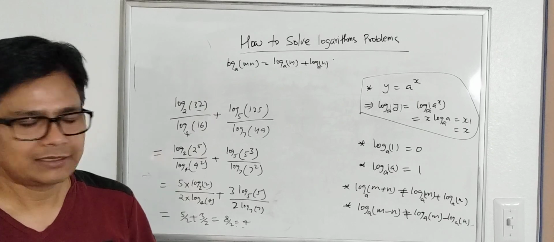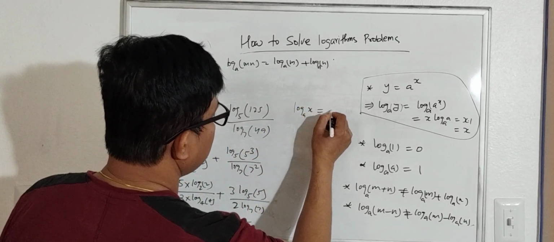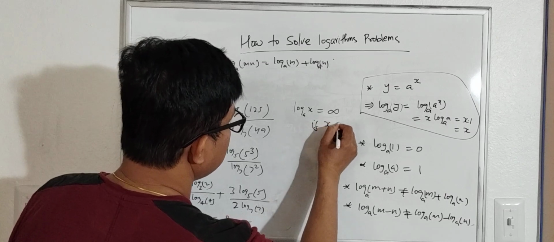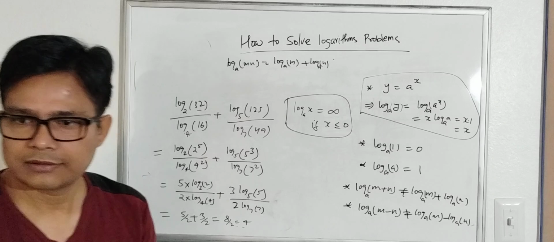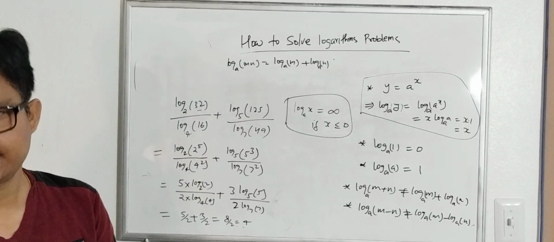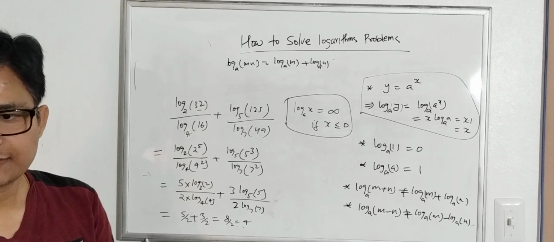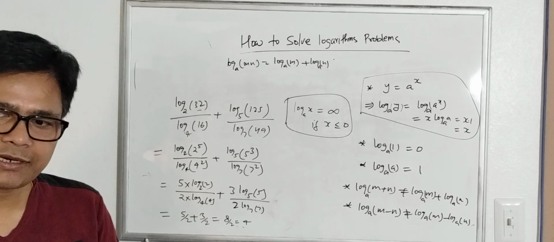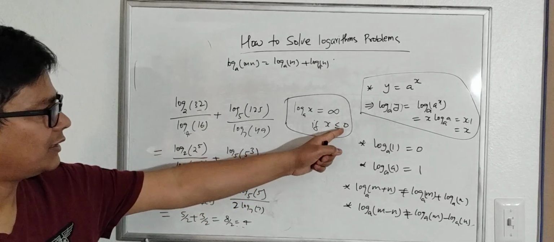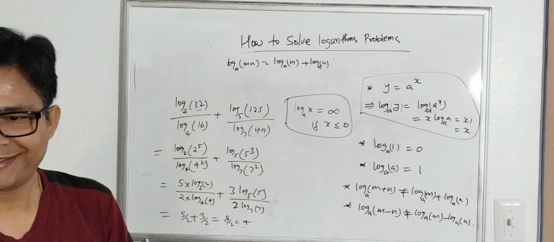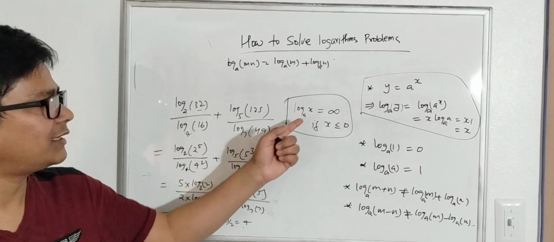So you can say log of x is undefined if x is less than or equal to 0. We call these non-positive numbers, which include 0, versus positive and negative numbers. Anything less than or equal to 0 is undefined.